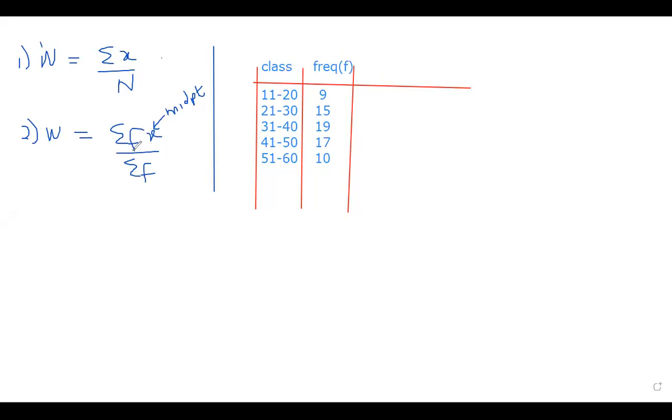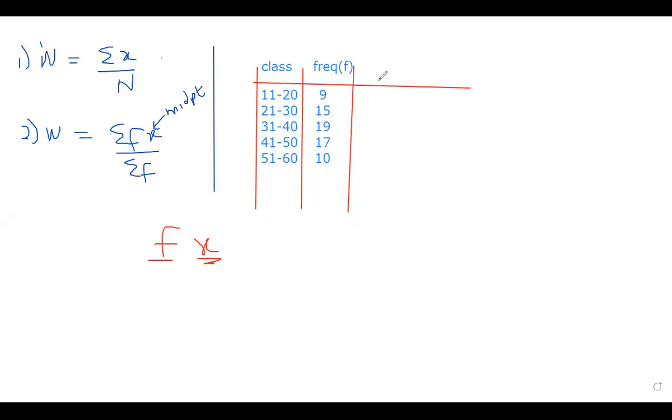The formula says the summation of f times x. You have your f, the frequency, but your x is the midpoint. You calculate your midpoint by adding the class limits and dividing by 2.